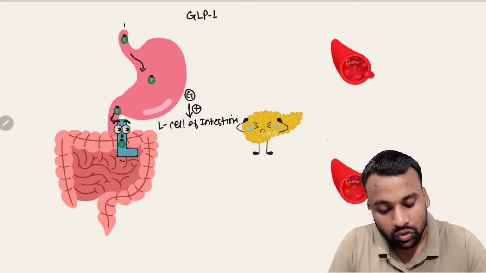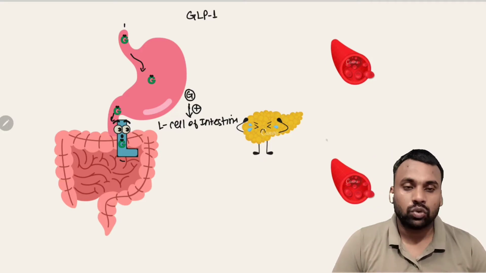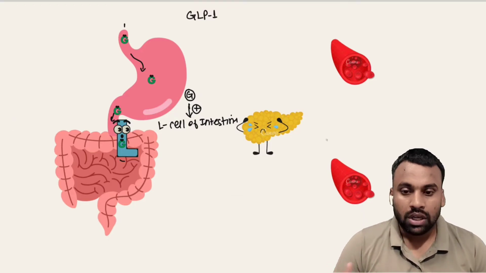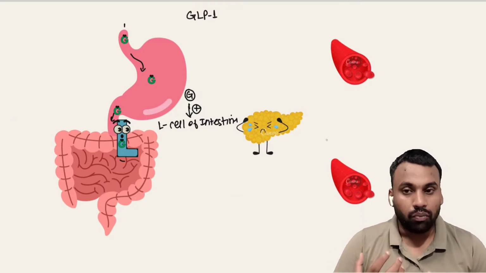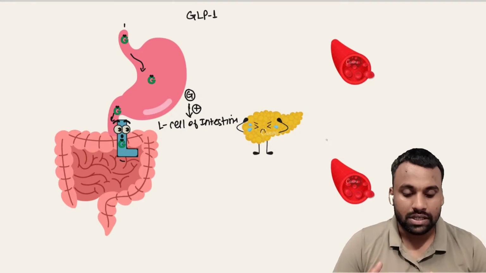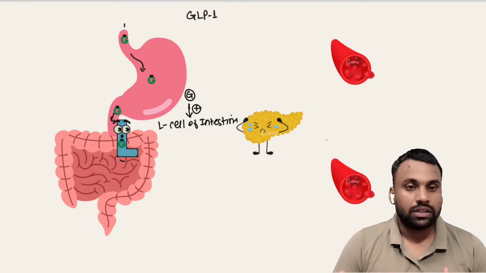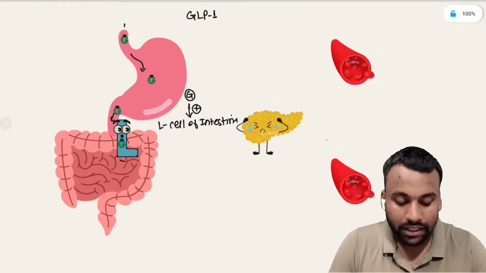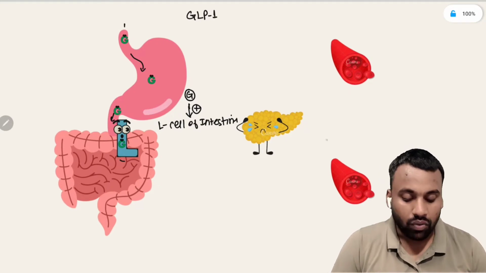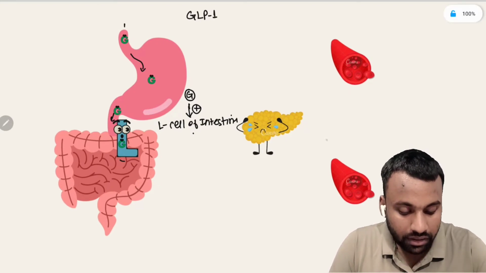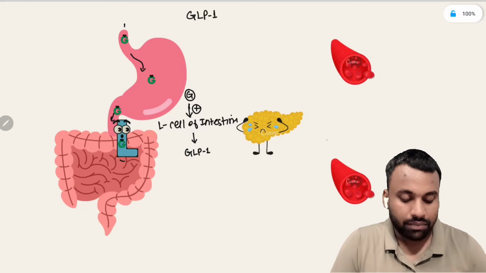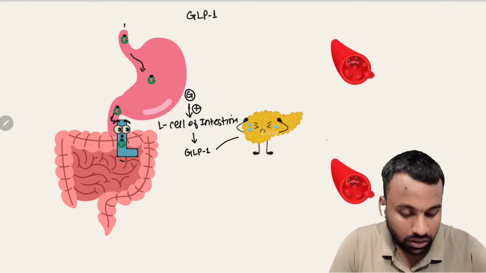By the glucose. Why is glucose taken in the oral form? Because oral glucose provokes more insulin release compared to IV glucose, and this oral glucose is responsible for activating the L cell of the intestine. And what does it do? It releases GLP, glucagon like peptide 1.